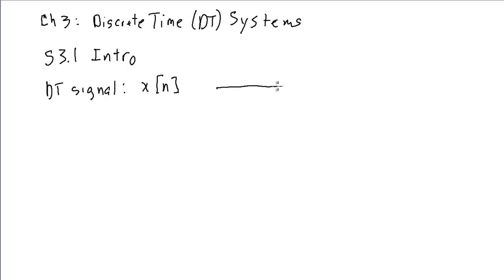We can plot a discrete time sequence. It consists of a series of values at particular integer values of the argument n.